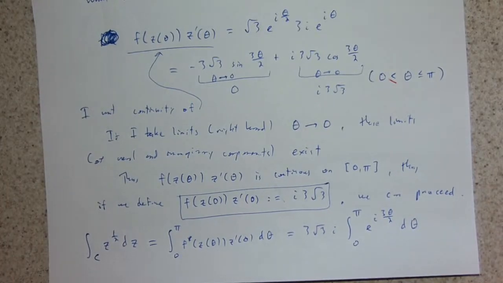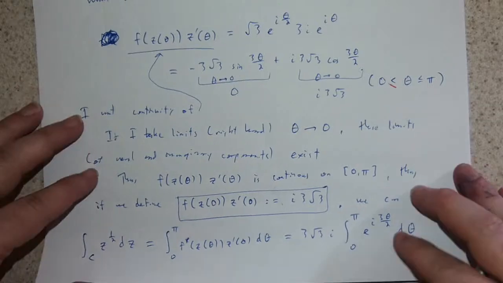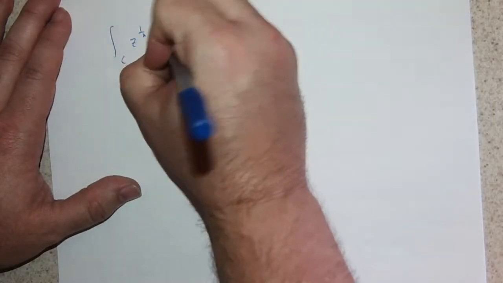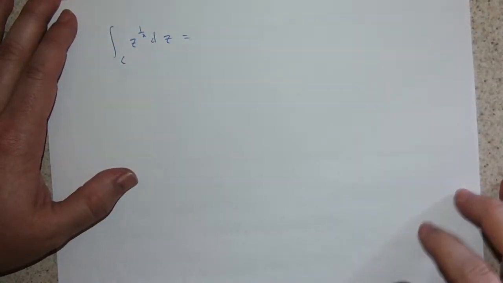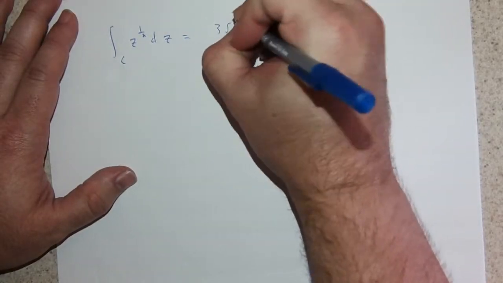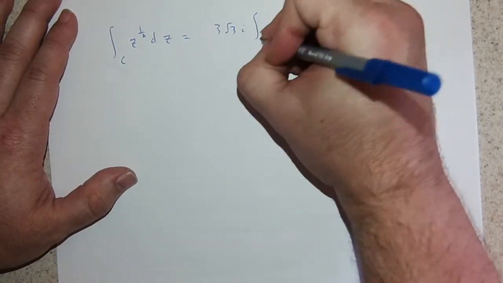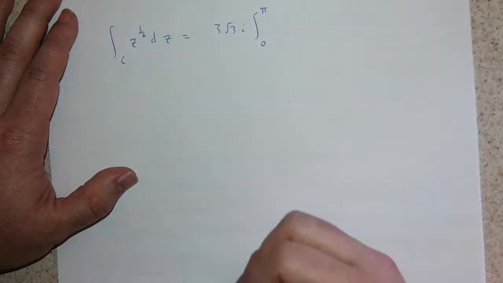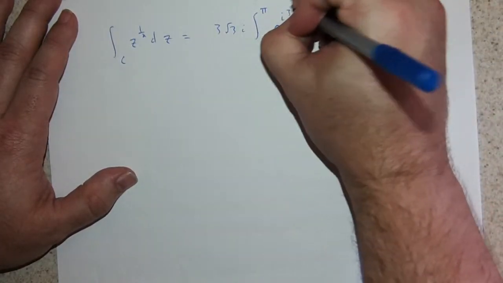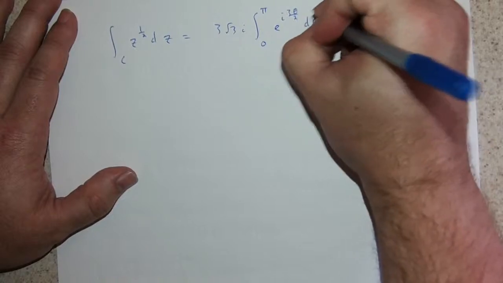And we can work this out on the next page where I have room. So the integral over c of z to the 1/2 dz was found to be 3 root 3 i times the integral from 0 to pi of e to the i 3 theta over 2 d theta.